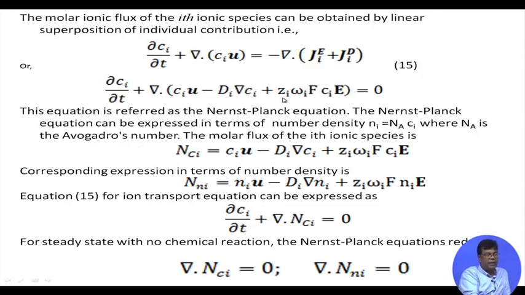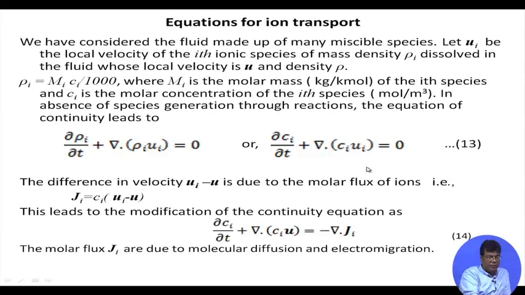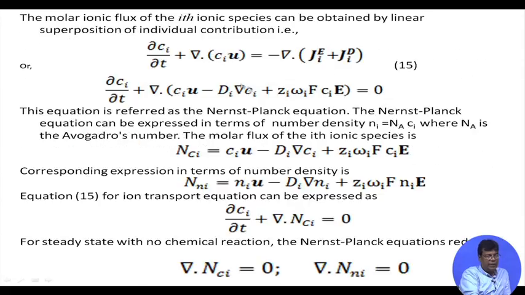With that, we can write the equation we have already derived, the valence equation or conservation of ionic flux, in this manner. Now, considering a linear superposition of the two components, electromigration and diffusion, the charge transport equation can be written in this manner.